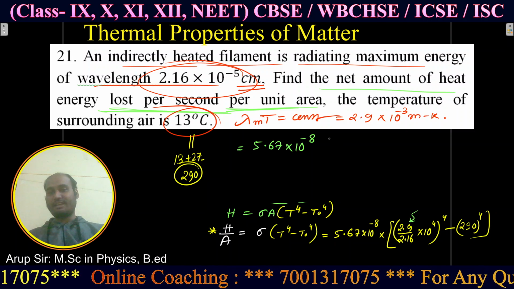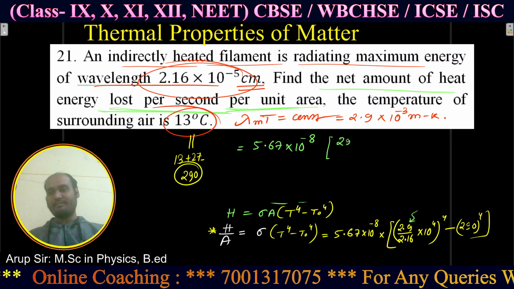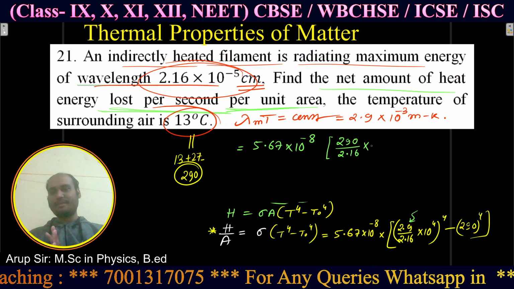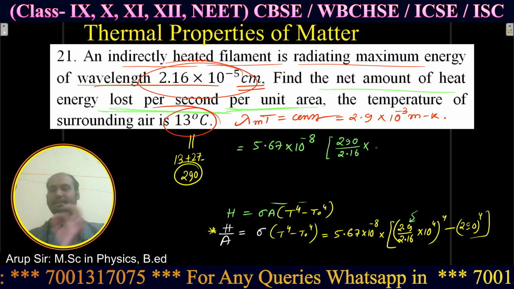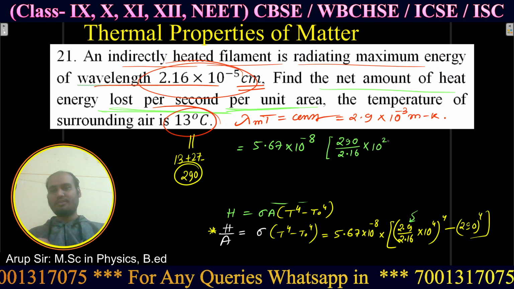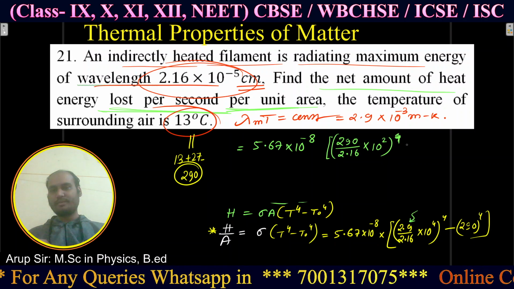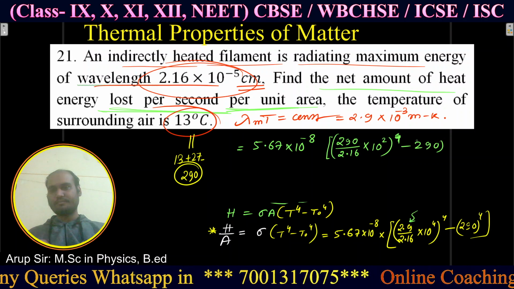So we can write 290 divided by 2.16 into 10 to the power 2, whole to the power 4, minus 290 to the power 4.